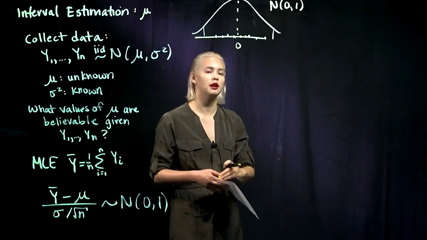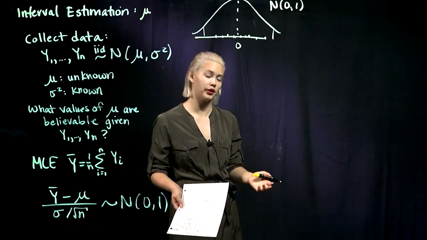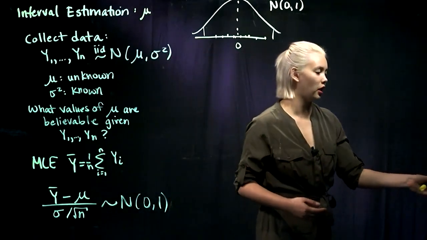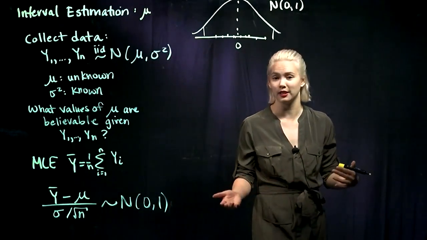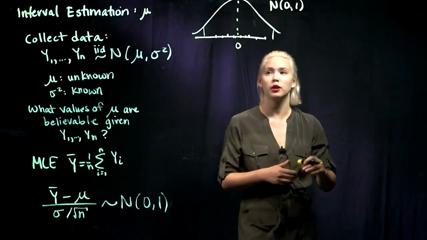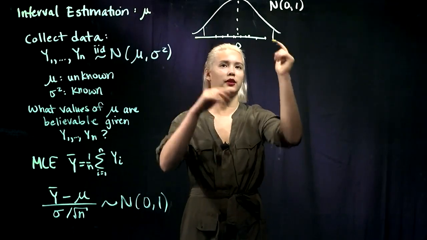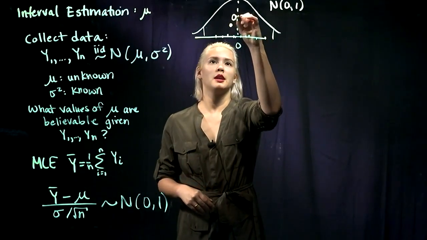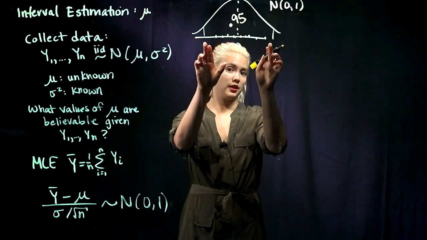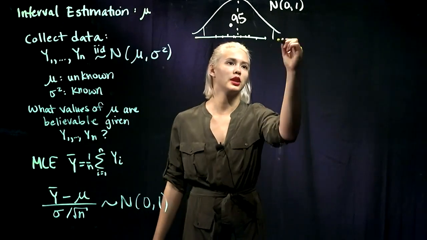So let's think about what a 95% confidence interval would look like. So 95%, because that's what we often use in applied stats courses, but we can talk about whatever level of confidence we want. But if we're doing a 95% confidence interval, then we'd want to have 95% in the middle of this standard normal distribution, and then 5% split evenly between the two tails.